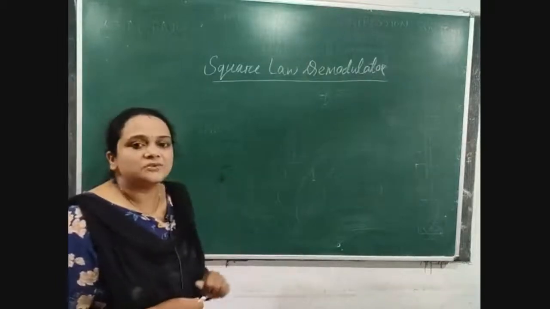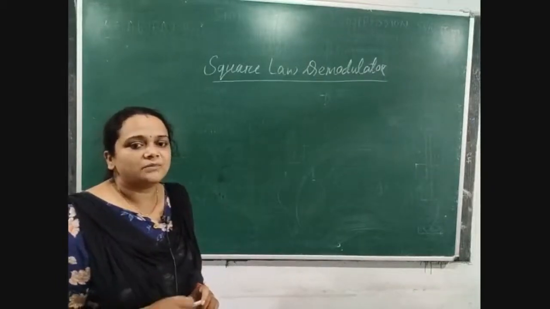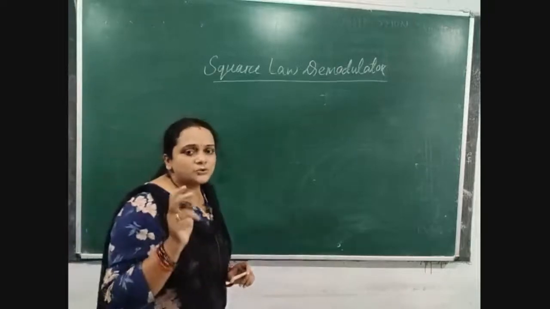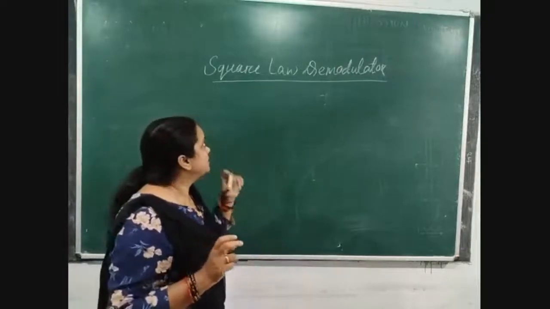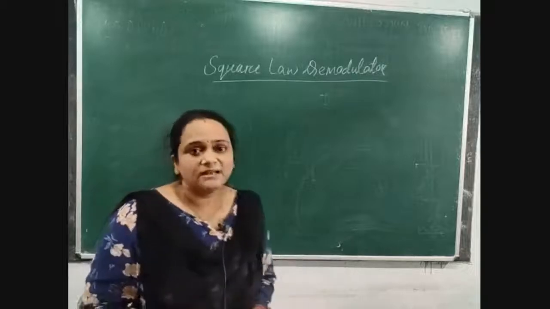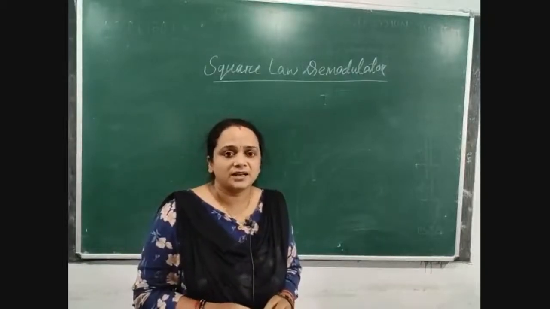In the last class we have discussed the envelope detector. So two basic differences are present between the square law demodulator and the envelope demodulator. What are they?